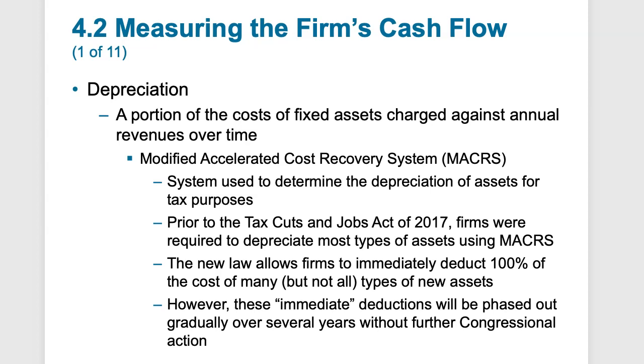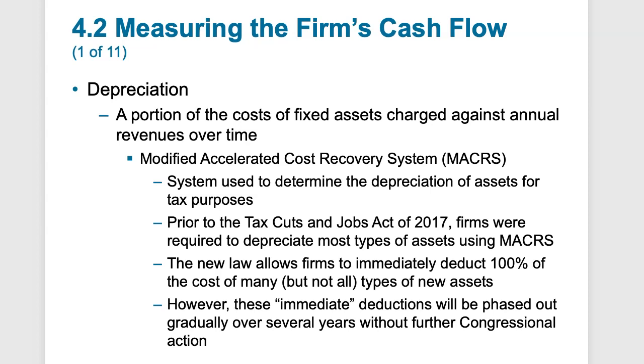Now, as far as U.S. taxes are concerned, there are different depreciation methods that can be applied on tax returns, so a firm many times gets to choose. That's why many firms keep two separate sets of books, one for taxes and one for public financial reporting. Depreciation affects cash flow only to the extent that it influences taxes.